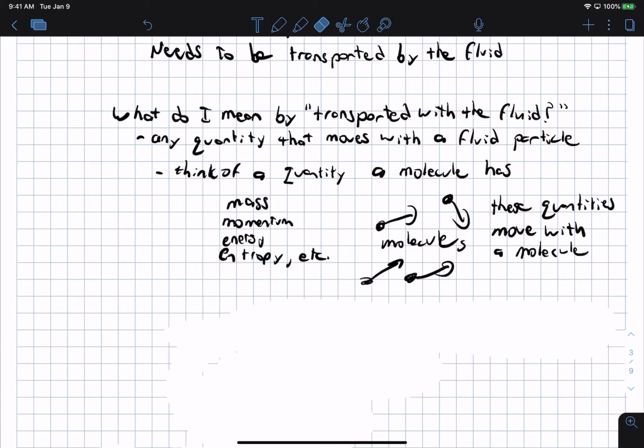You can do the same thing for basically any other quantity, not just the density. And so these molecules, as they move about, are carrying their mass, momentum, energy, entropy, etc.